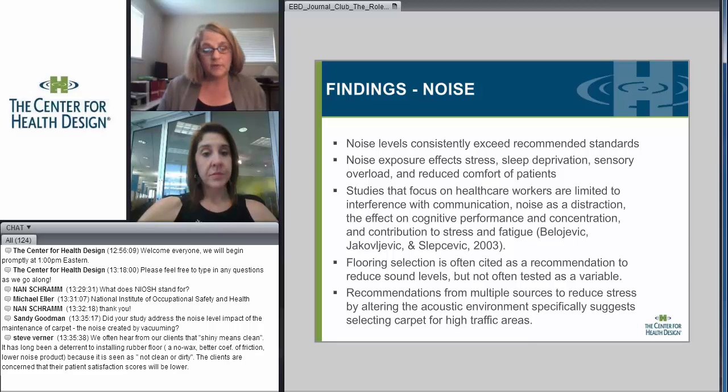What we found was that there was a significant difference in the ambient sound level in the room with the carpet tile. But strangely enough, the terrazzo floor actually did better than the rubber for sound levels.